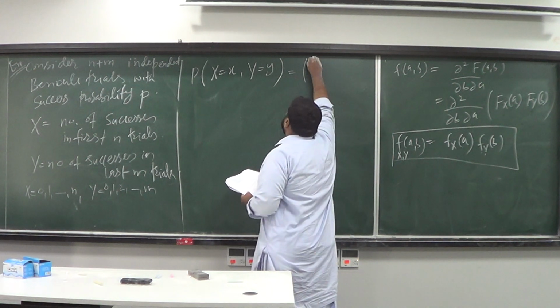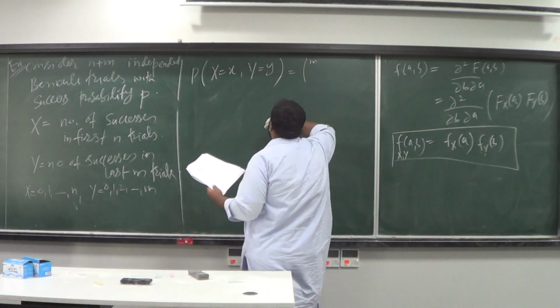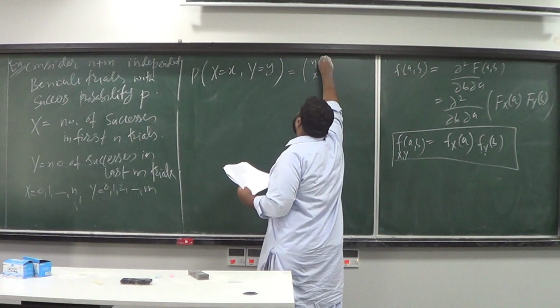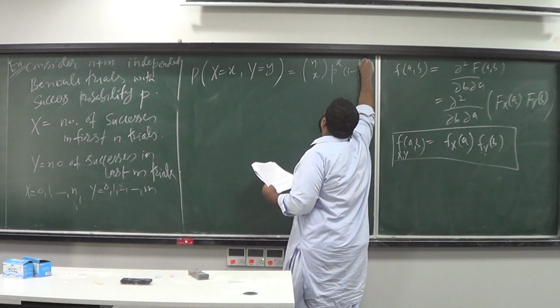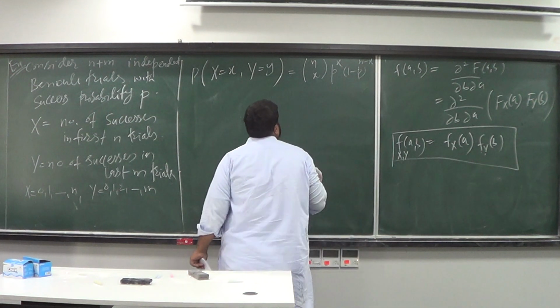Since all of these are independent, it's going to be n choose x, p to the power x, 1 minus p to the power n minus x.